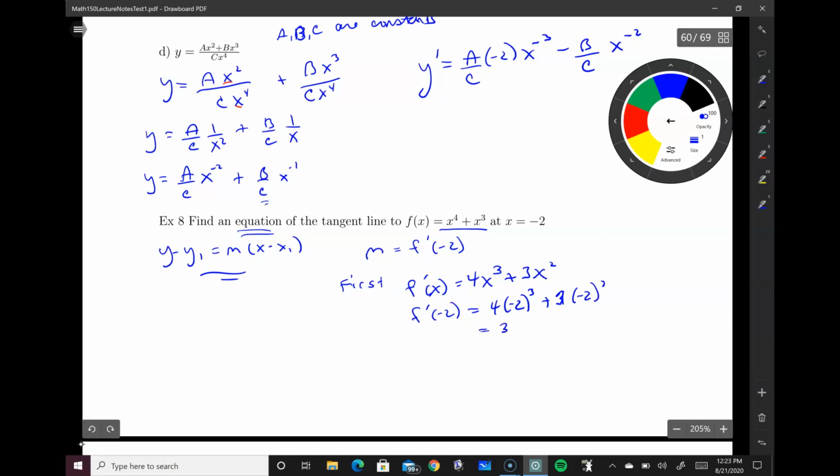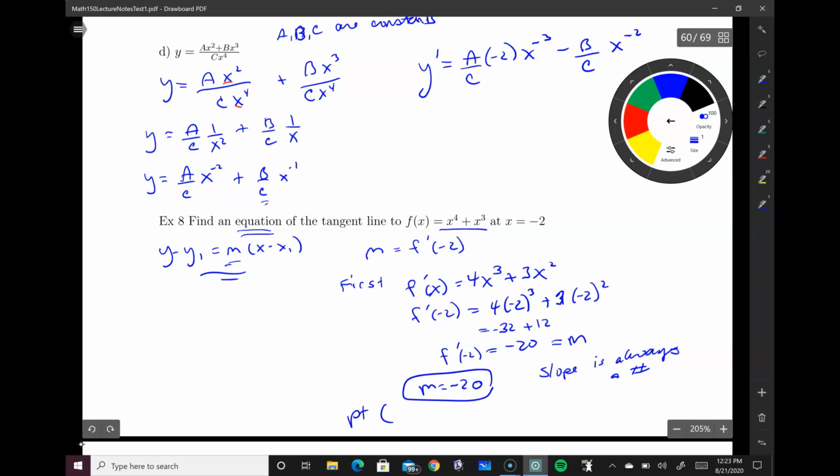So I'll get 4 times negative 8, which is negative 32, and then this is squared, so I'd have 3 times 4, which is 12, so I'll get negative 20 as the slope. So this is f prime of negative 2. Remember, slope is always a number when I'm putting it into this equation of a line. So my m is negative 20. Okay, so that's my slope.